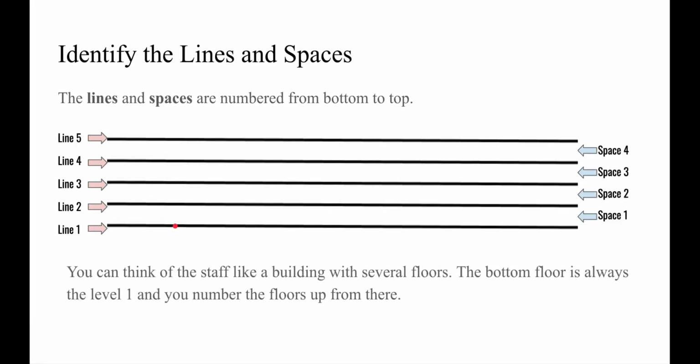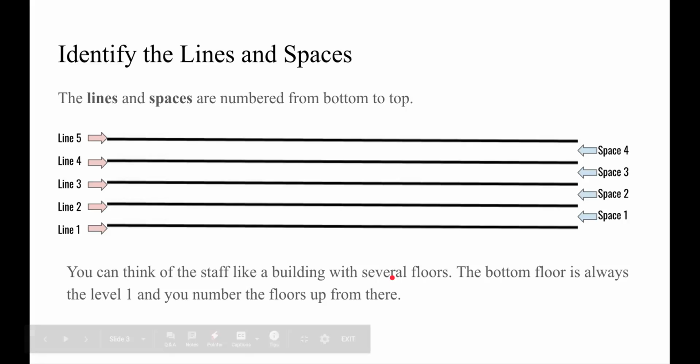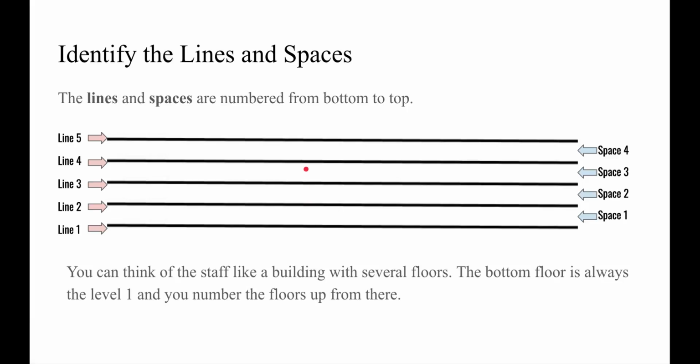You can think of the staff like a building with several floors. Now, when you number the floors of a building, you always start with the bottom floor as level 1, and then you number up from there. You would never label the top floor of a building as level 1 and then number down from there.